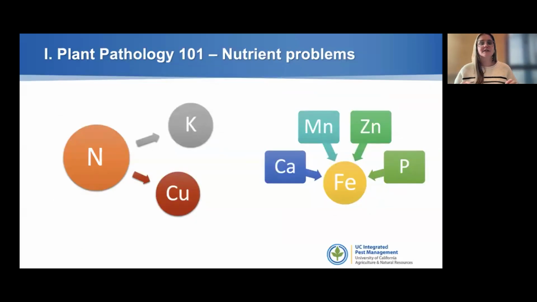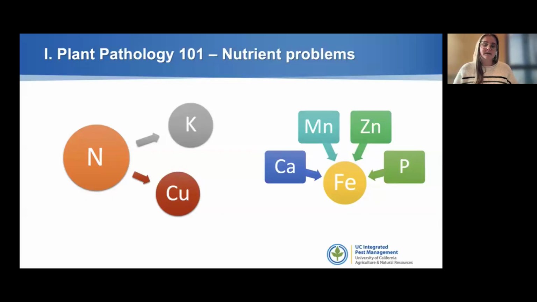And then the last factor involved in nutrients that complicates it is antagonism. So certain nutrients, if they're in excess, will antagonize the plant's ability to pick up other nutrients. If you have excess nitrogen, that can impact the plant's affinity to take up potassium and copper.